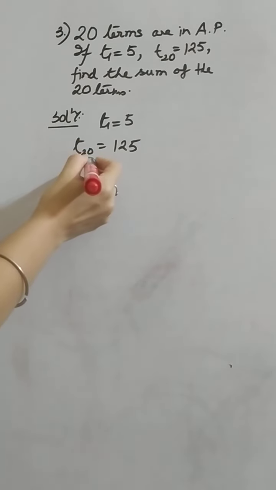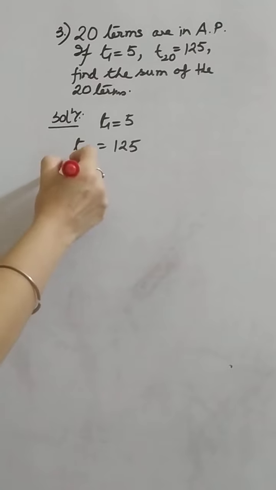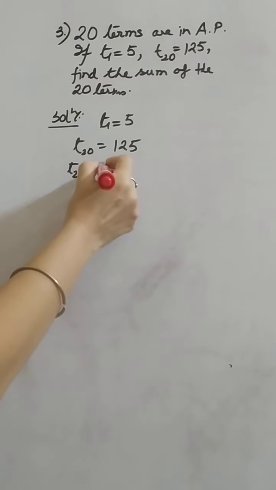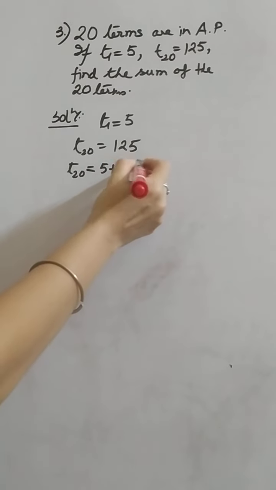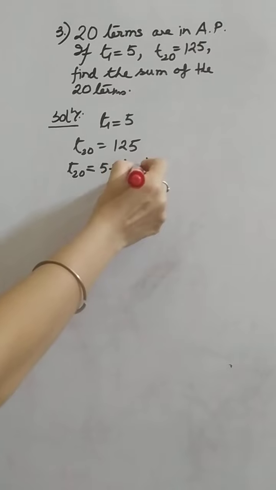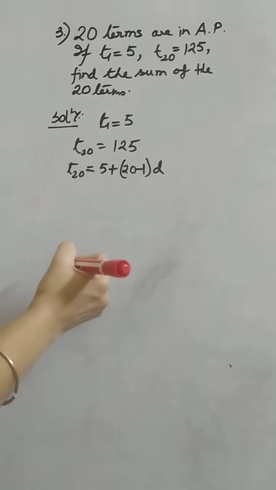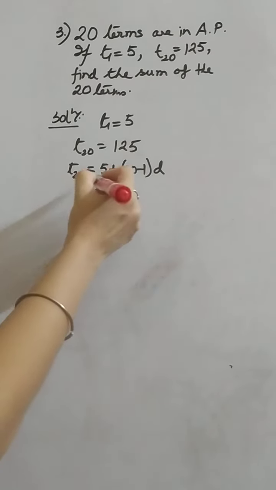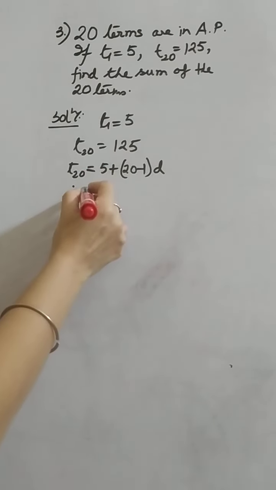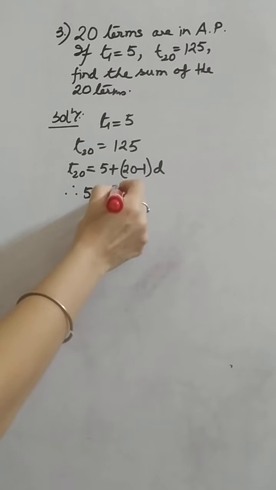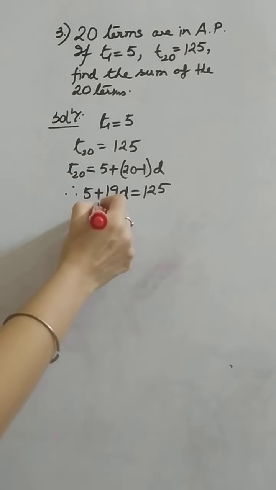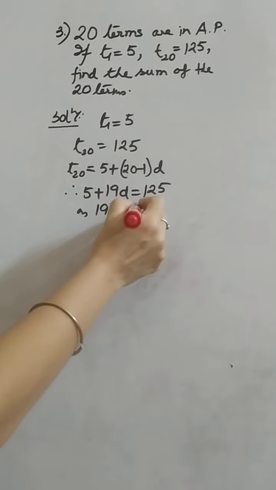Now if we want to write T20 by the formula, then T20 is equal to the first term plus n minus 1 into d, where d is the common difference. Therefore, this is equal to 125, or 5 plus 19d is equal to 125, or 19d is equal to 120.